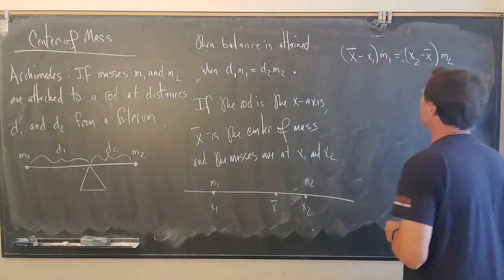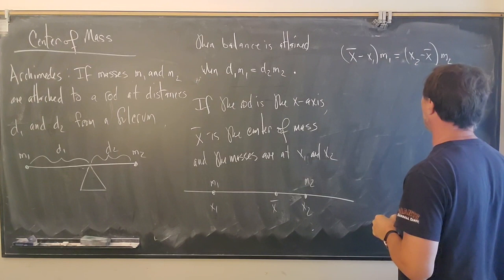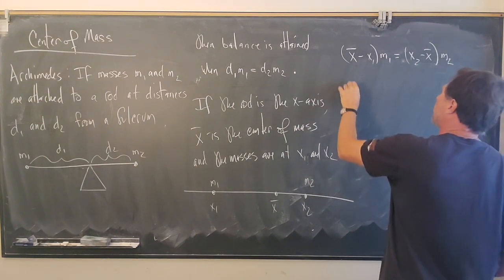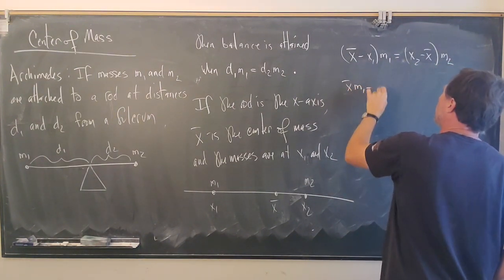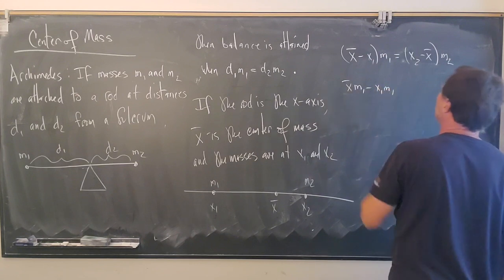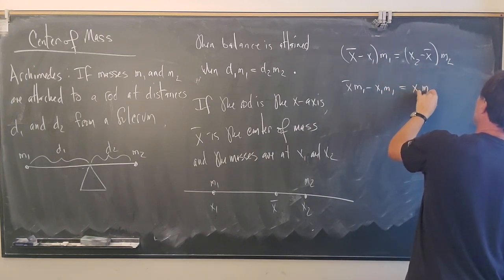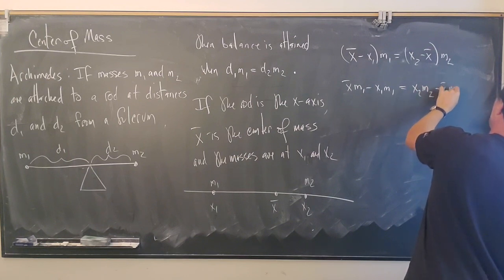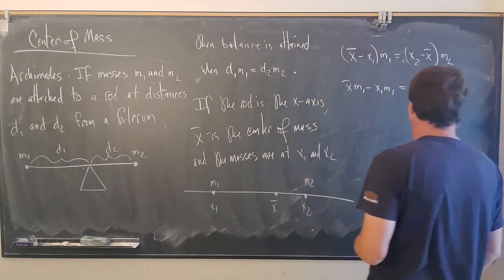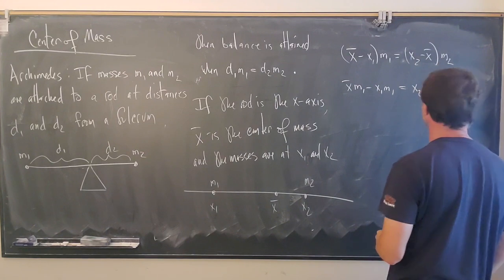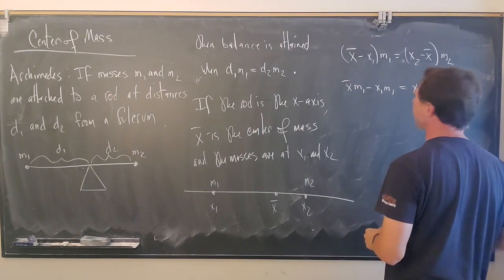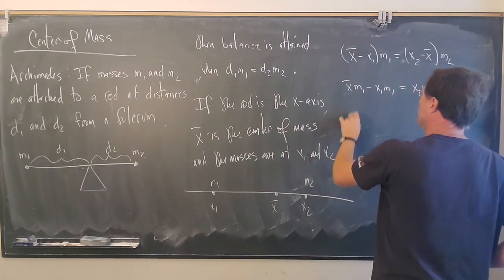So now, what I want to do is solve for x bar. If we multiply things out, we'll get x bar m1 minus x1 m1 equals x2 m2 minus x bar m2. And then I want all the x bar stuff on the left-hand side.